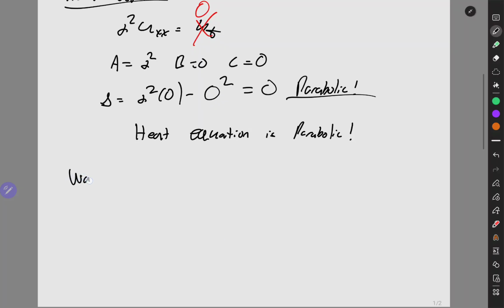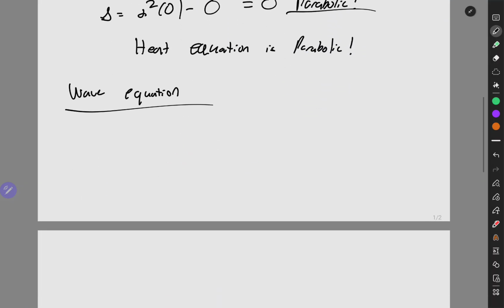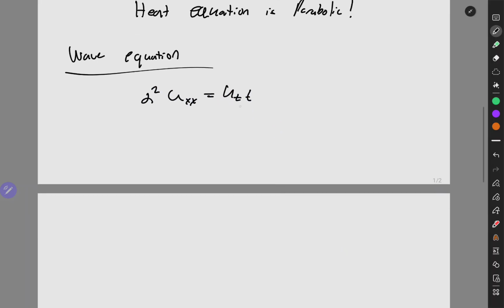Now let's look at the wave equation. The wave equation is alpha squared uxx is equal to utt. We're going to move that over. Our a is alpha squared, our b is 0, our c is negative 1, right?